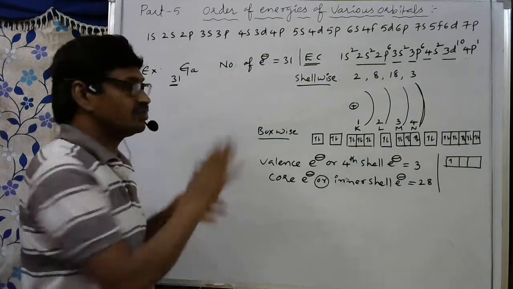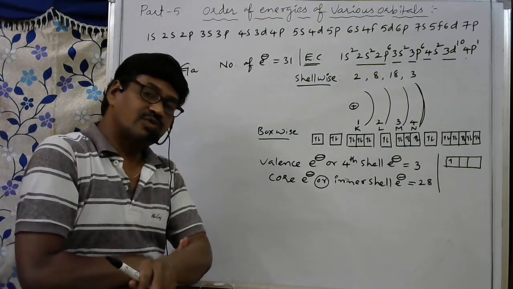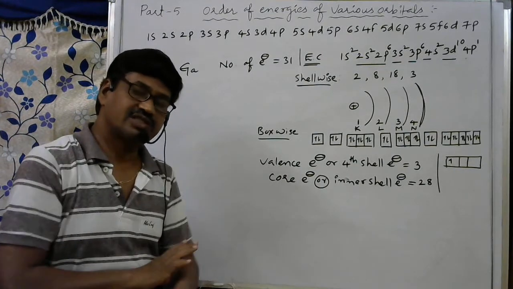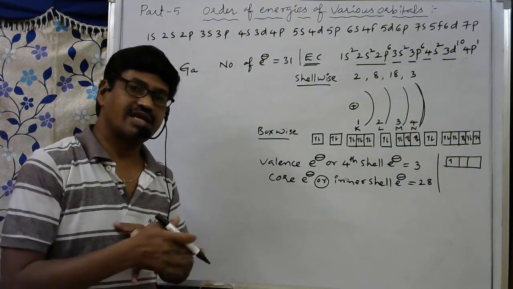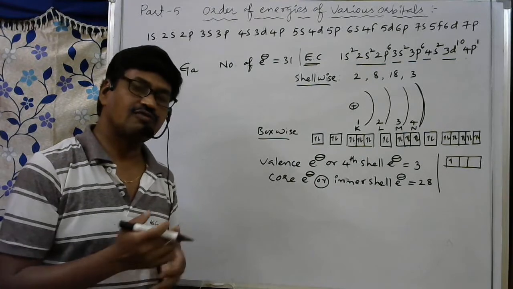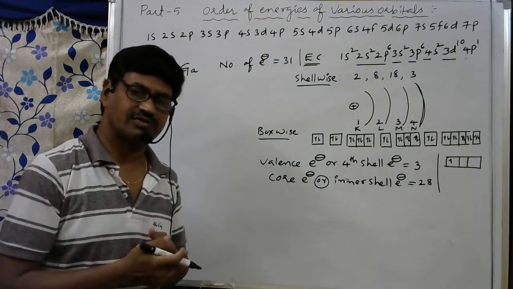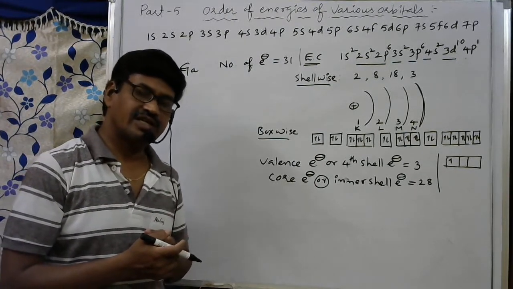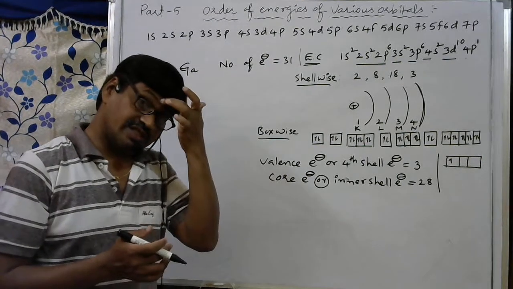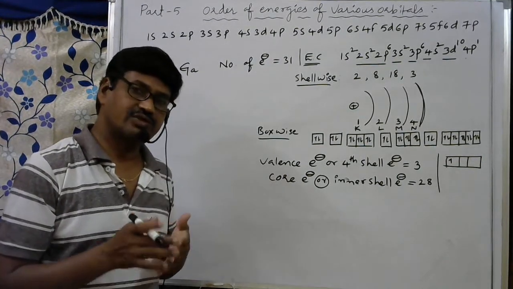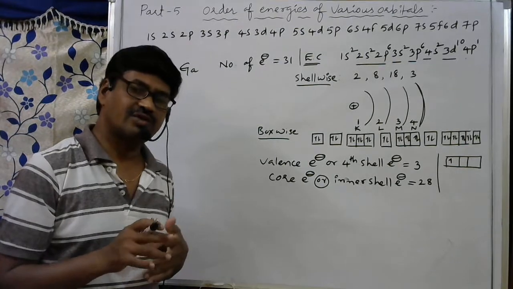From this concept only, we can get some more information or some more basics related to the periodic table. The long form of the periodic table. Different periodic tables we have. Previously, some periodic tables were given based on atomic weight.